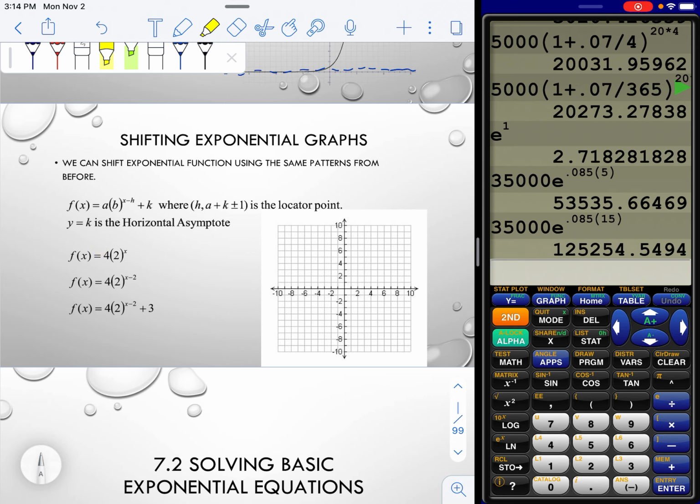It's positive, so it's going to go up, it's going to go this way. This value here tells us it's increasing, and then this one's not shifted at all.